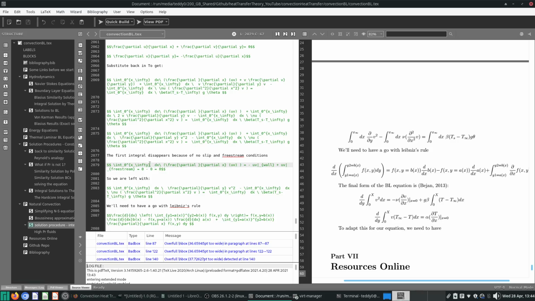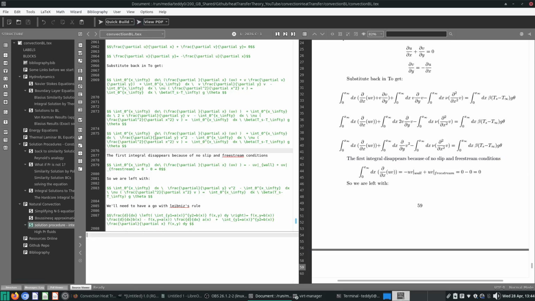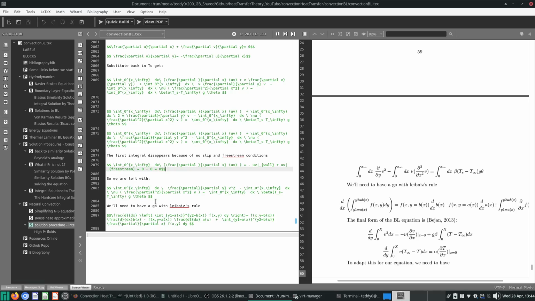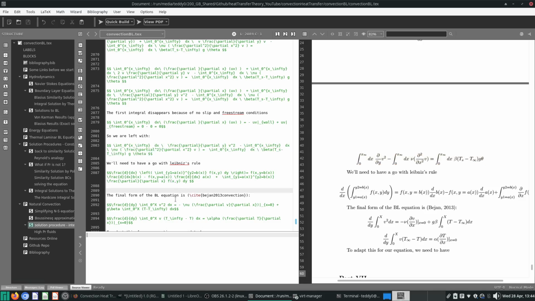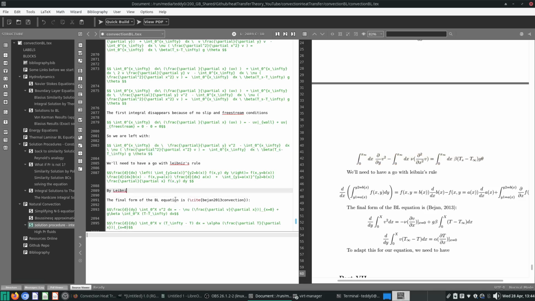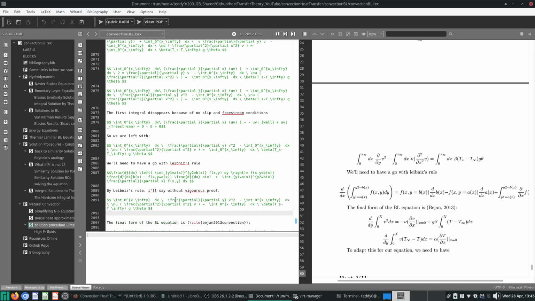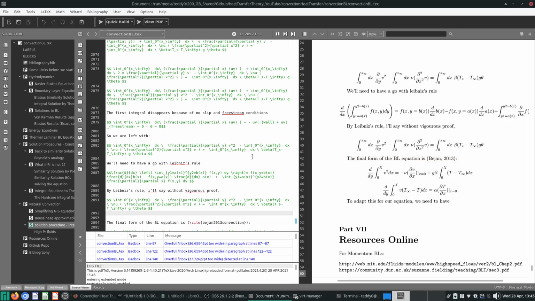So anyway, I can do that, but I'm not going to do a second demonstration of the Leibniz rule. It's very tedious. So by Leibniz rule, I'll say without rigorous proof.